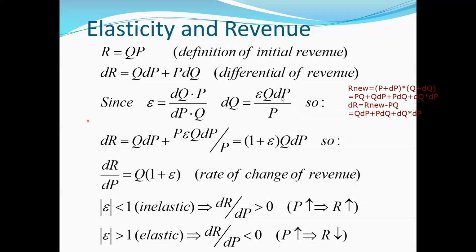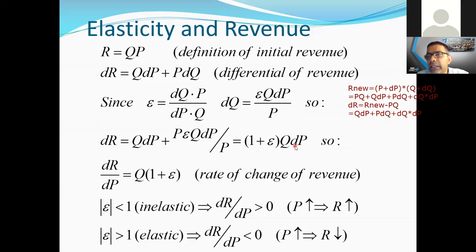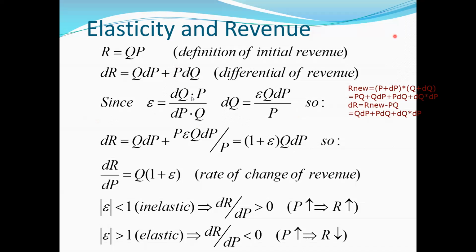Yeah, no dQdP term. That's pretty good. You're right. There's no dQdP term there. And I don't have that term because we're talking about small change in price and small change in revenue.